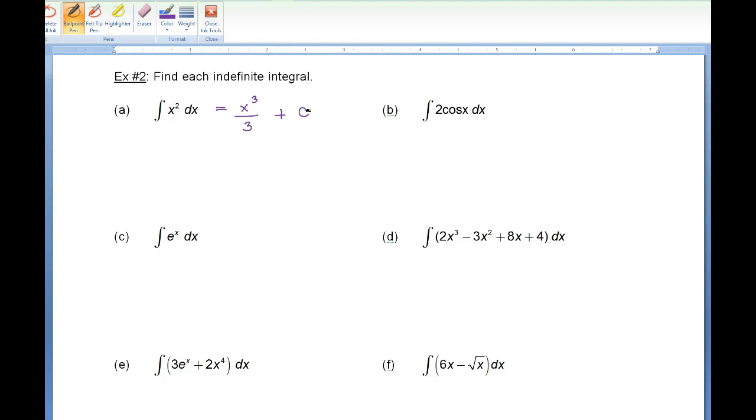How about 2 cosine? If you're not sure, think, well, what derivative would give you cosine? Negative sine or positive sine? Positive sine. So it's going to be 2 sine x.